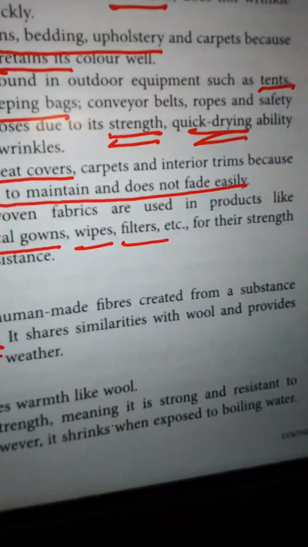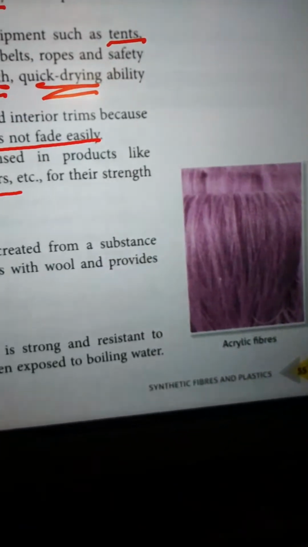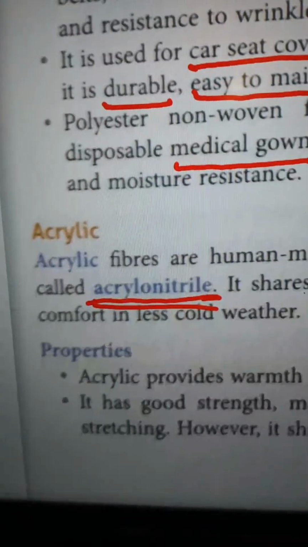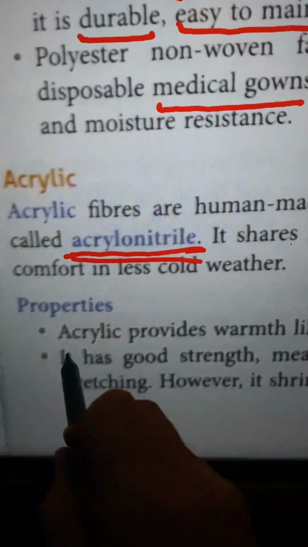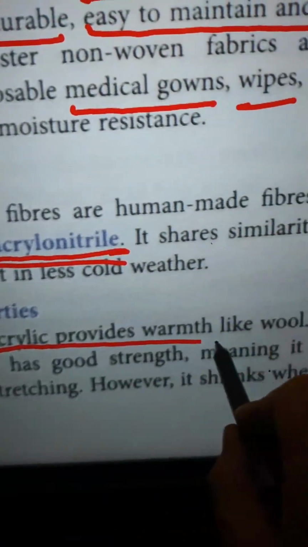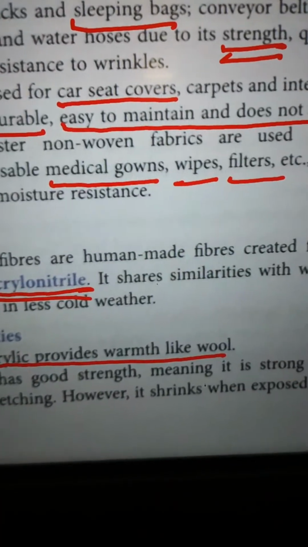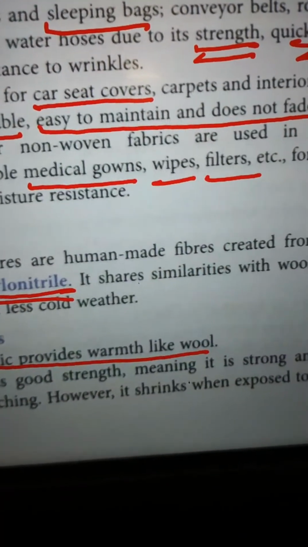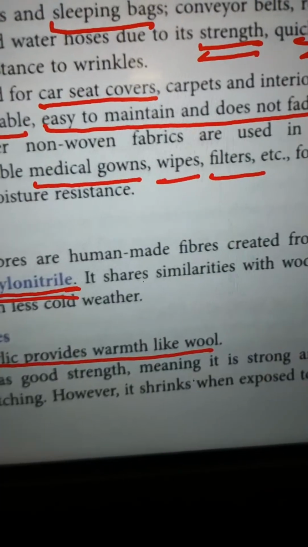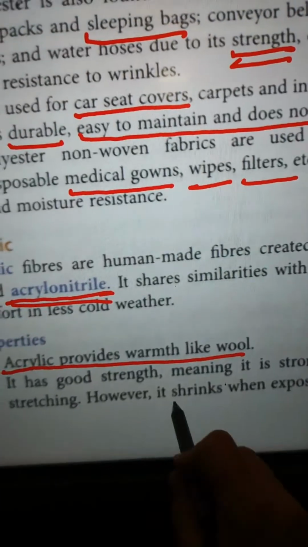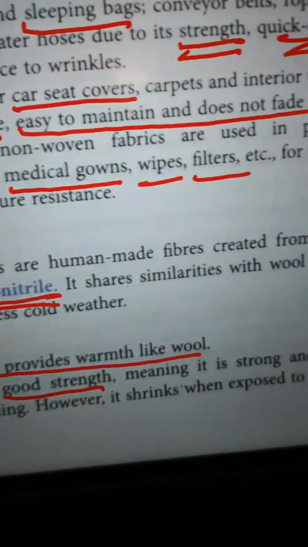So the wool which is sold in the market these days is not natural wool, it is synthetic, and it is made like this. And the reason is that it gives warmth like wool. So it feels like wool, and it is warm. It has good strength and is resistant to stretching.